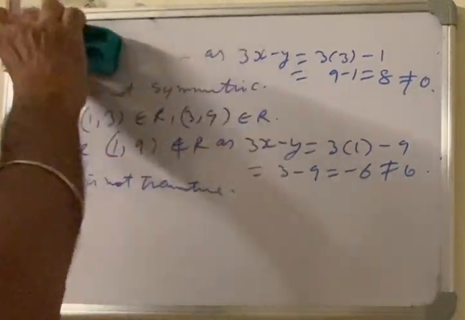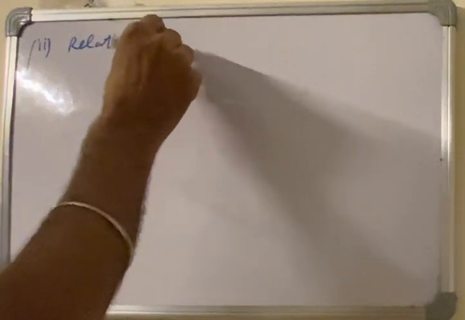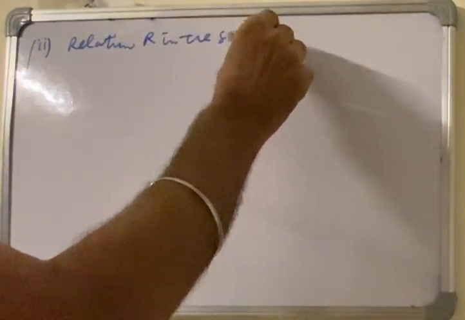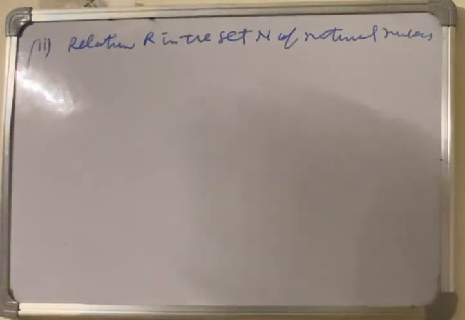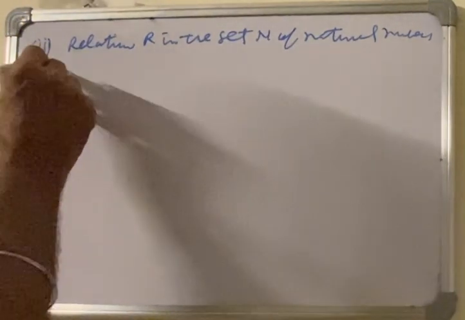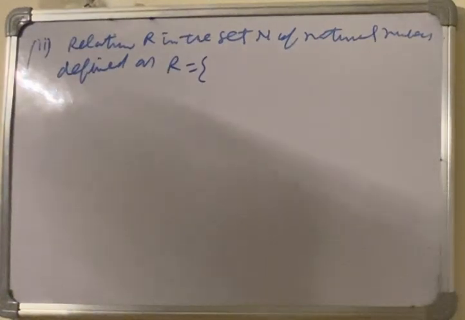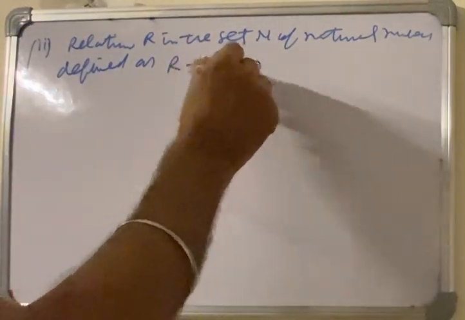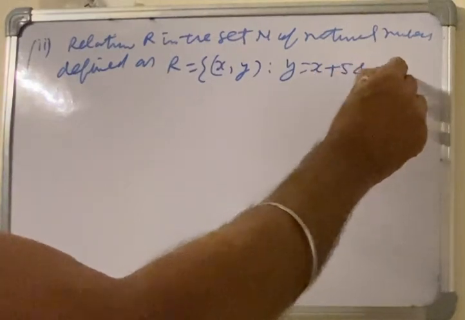Then we take second part. Relation R in the set N of natural numbers defined as R equal to {(x, y) such that y is equal to x plus 5 and x is less than 4}.